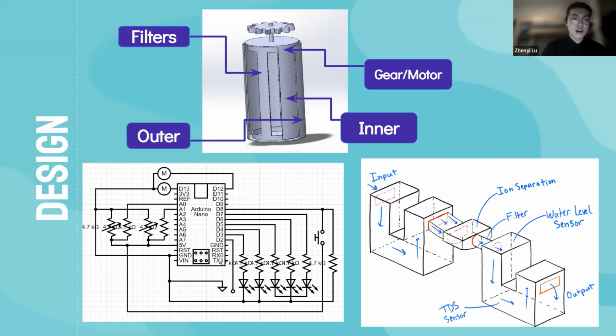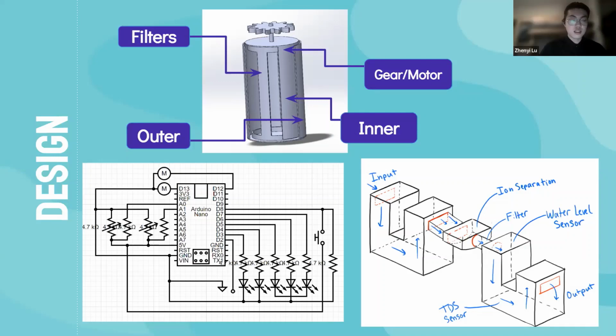There's one pump to apply pressure to force the water through the filter, and another pump to rotate the outer part of the filter to block the water because the filters usually need to be exchanged. There's only one button to control whether the whole system is turning on or off.